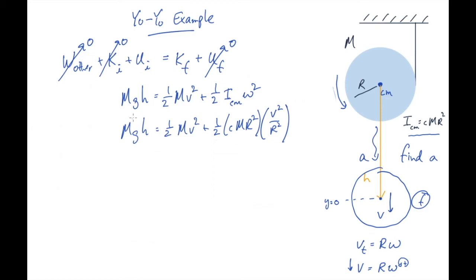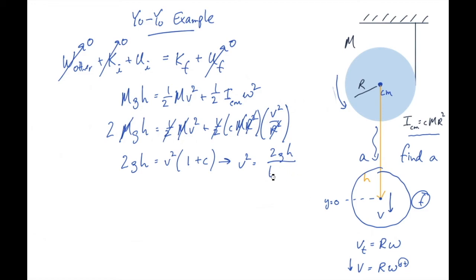We can now cancel the mass. This r squared cancels that r squared, and I can multiply everything by 2 to get rid of these pesky 1/2. That tells me that 2gh equals, factoring out a v squared, 1 plus c. Or v squared is 2gh over 1 plus c.